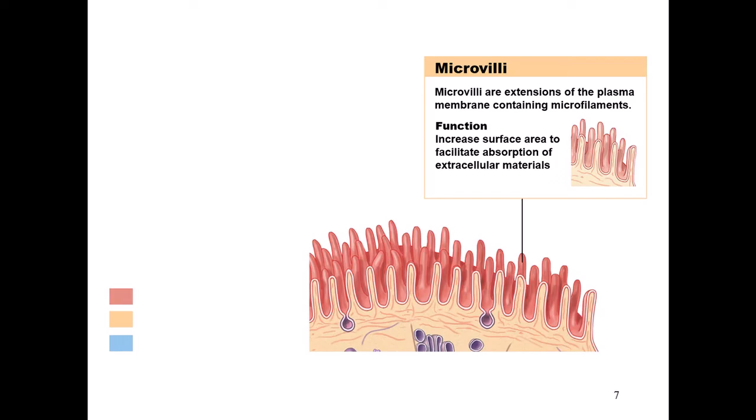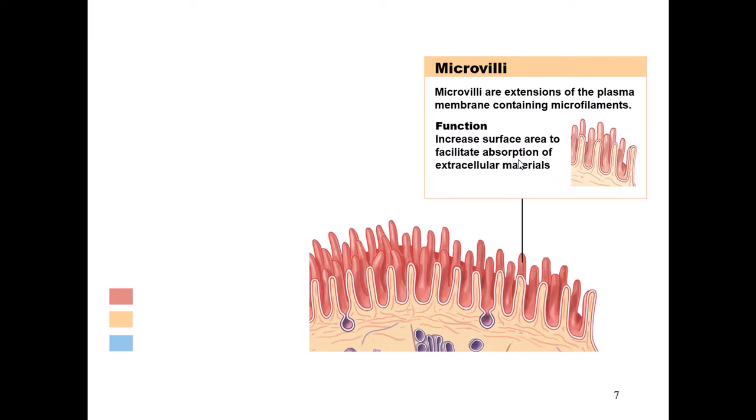Micro means small, and villi means finger-like projections. So this cell here has all these finger-like projections sticking up. What that does is increase the surface area of the cell so that there's more surface area for absorption. That's the main thing I'd like you to know here, that the function of the microvilli is to increase absorption of materials into the cell.